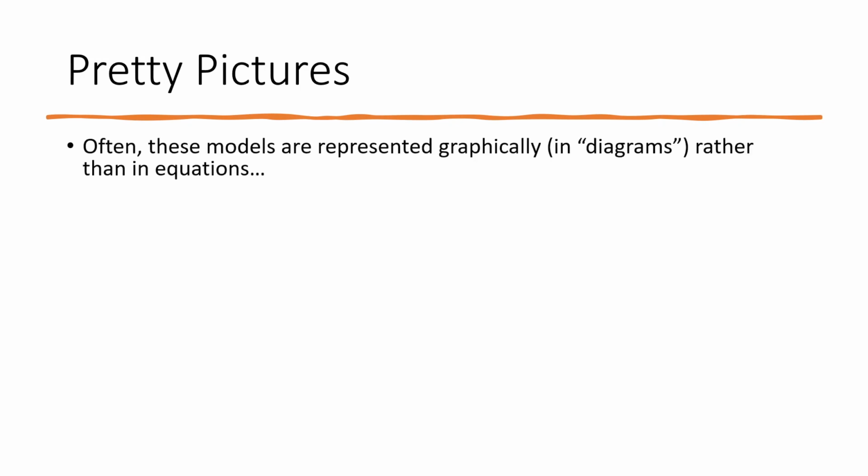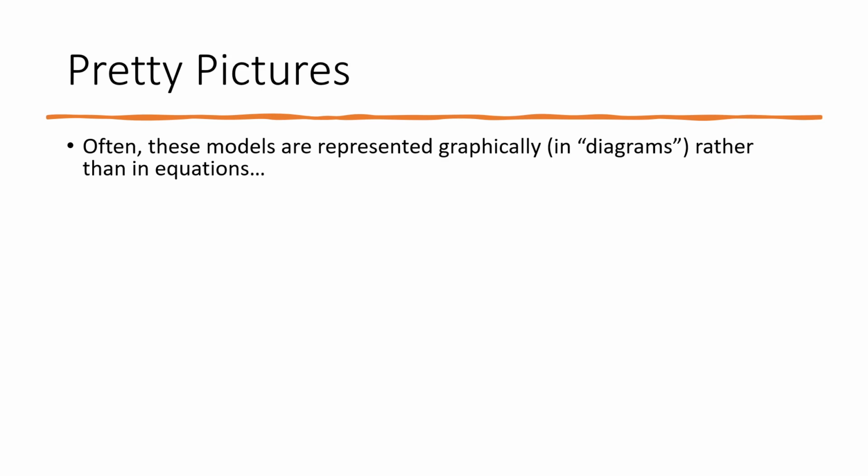Now, one cool thing that happens is that these models are not represented in equations. Instead, we do these graphically, and that's actually how we tend to represent them. In the software that we'll demonstrate in this lecture set, or maybe I should say in the Amos software, you can actually draw these out and draw the relationships.